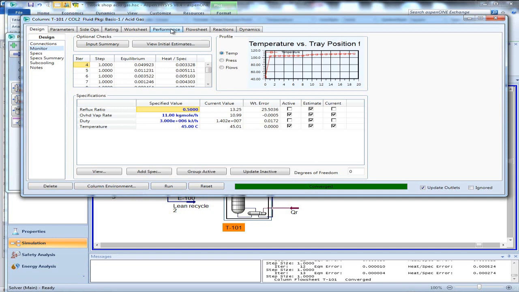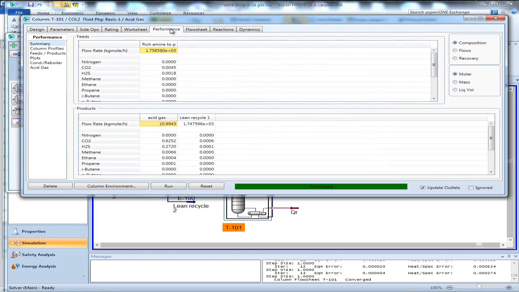Now let's see how well we can get rid of the hydrogen sulfide. Okay, the inlet contained about 0.0045 and 0.0018, but this is in the mole fraction.